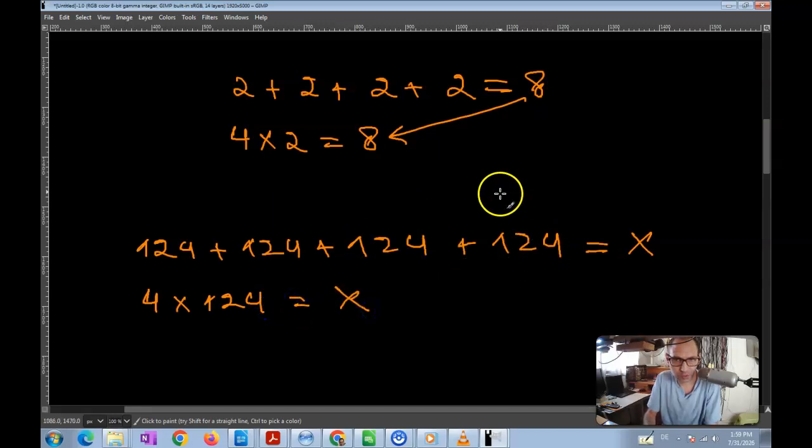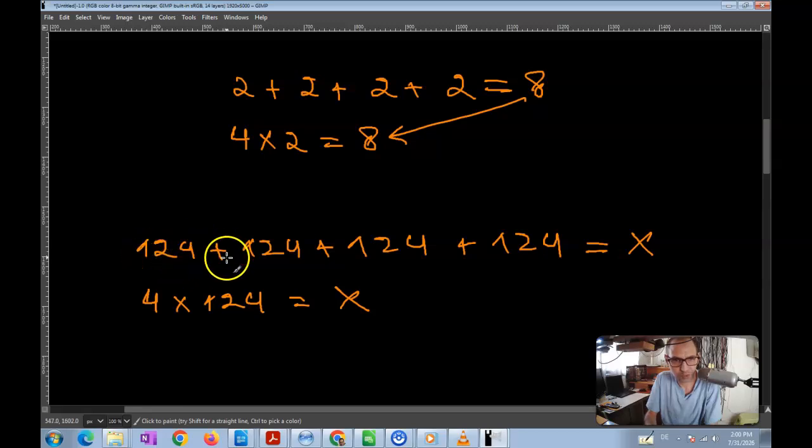Again over here, I need to add 124 to itself 4 times, and that would be the answer. Now doing the calculation over here, you can do it in your head in a couple of seconds. You know that 2 plus 2 is equal to 4, 2 plus 2 is equal to 4, 4 plus 4 is equal to 8. And so as a result, 4 times 2 is equal to 8, right?